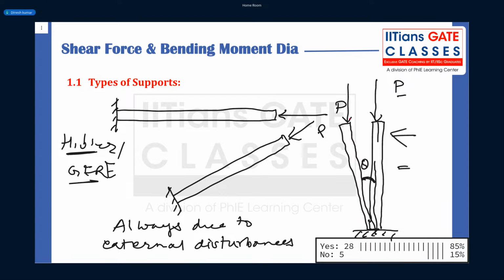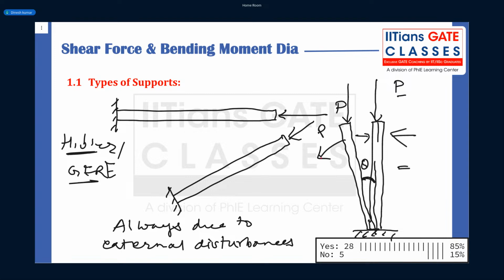Suppose due to this wind or some external disturbance, it got deflected by some angle theta. What happened after that? There are two chances, right? It may come back to the original position, or it will further deflect, right?